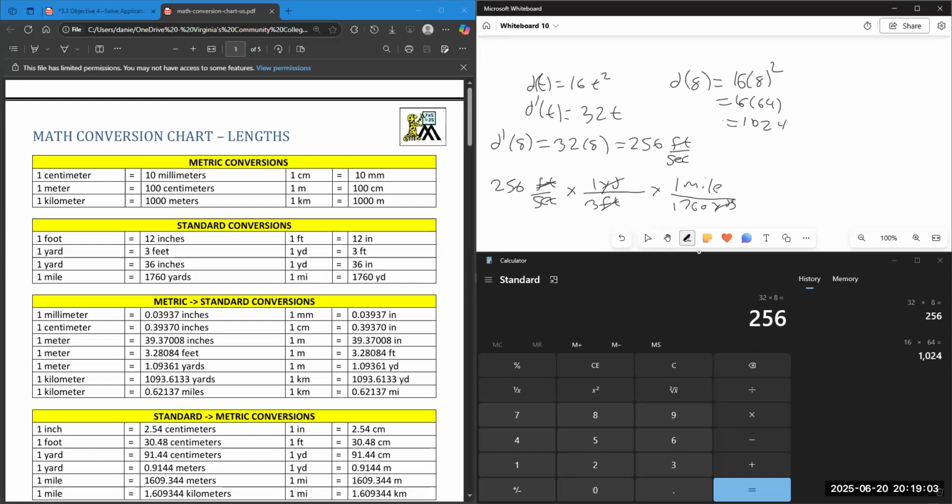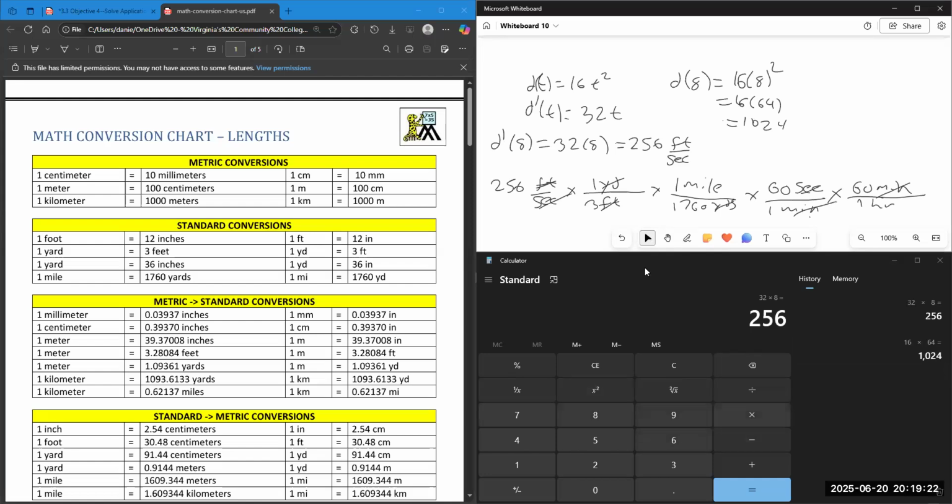And that gets our distance that we want. And then there's 60 seconds in 1 minute, and 60 minutes in 1 hour.